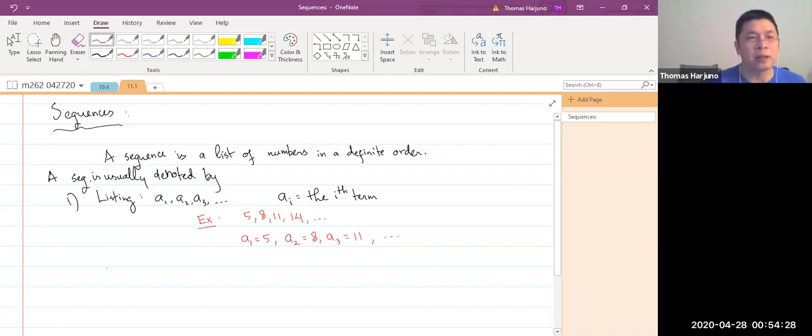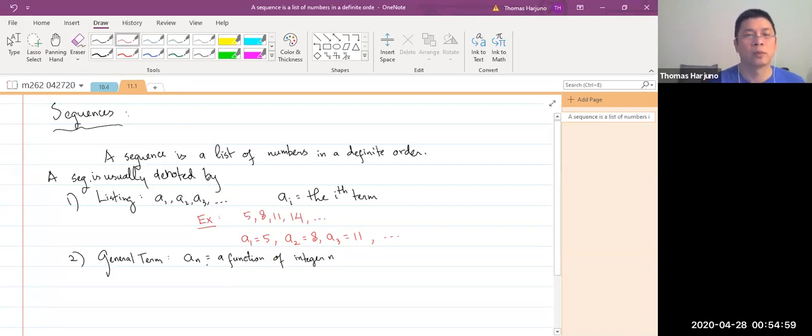The second method is by using a general formula, or general term, where a sub n is a function of the positive integer n.